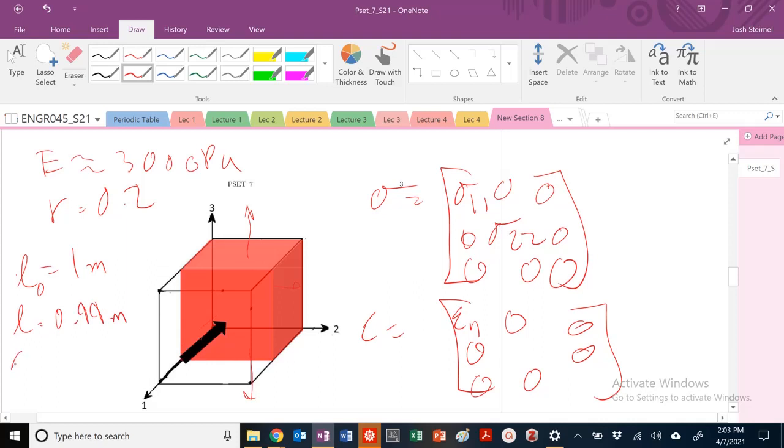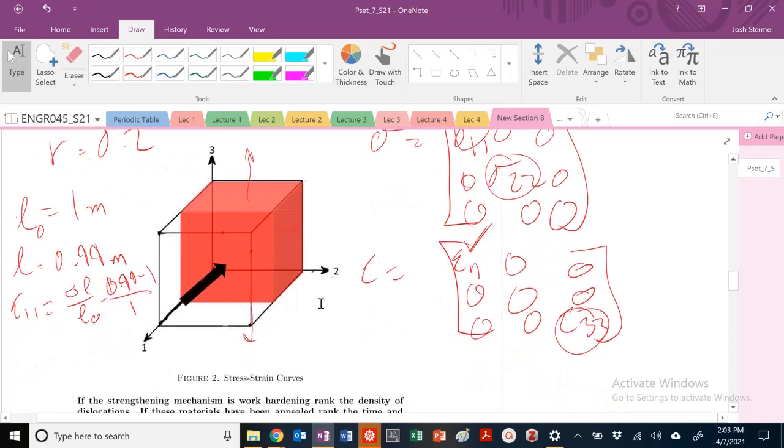So my strain in the 1, 1 is simply the change in length over the original length, which is the final length, 0.99 minus 1, divided by 1. I can solve for that a little bit later, dimensionless. What about the strain in the 2, 2? The material wants to expand, but it can't because the walls are rigid. And finally, there's going to be some strain in the 3, 3. So what are my unknowns? I know this one, but I don't know this, this, or this.